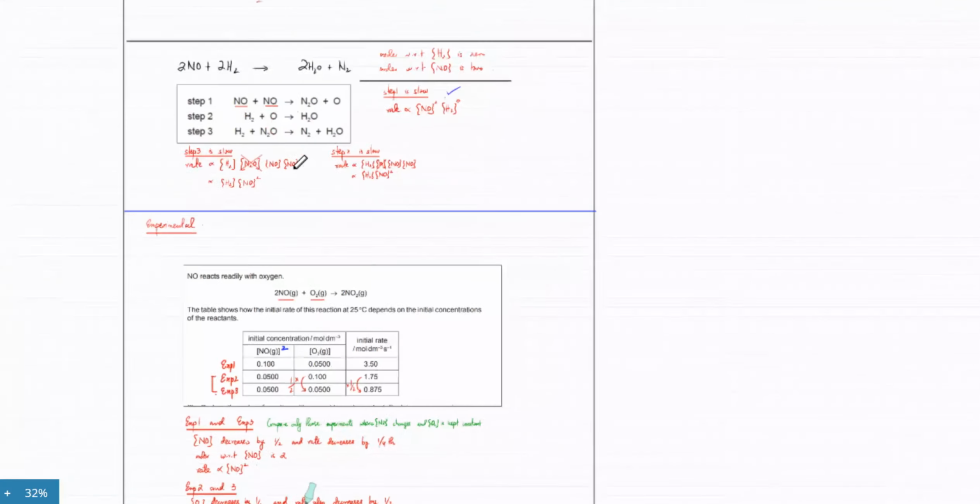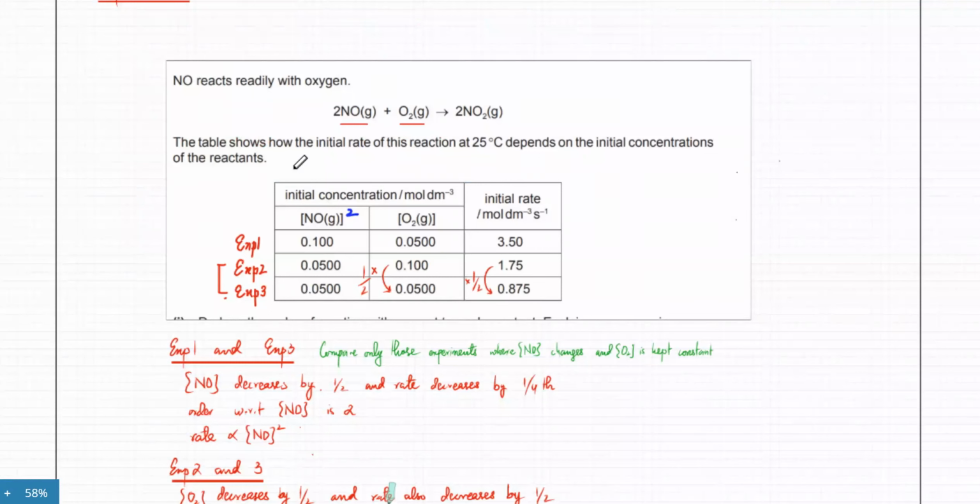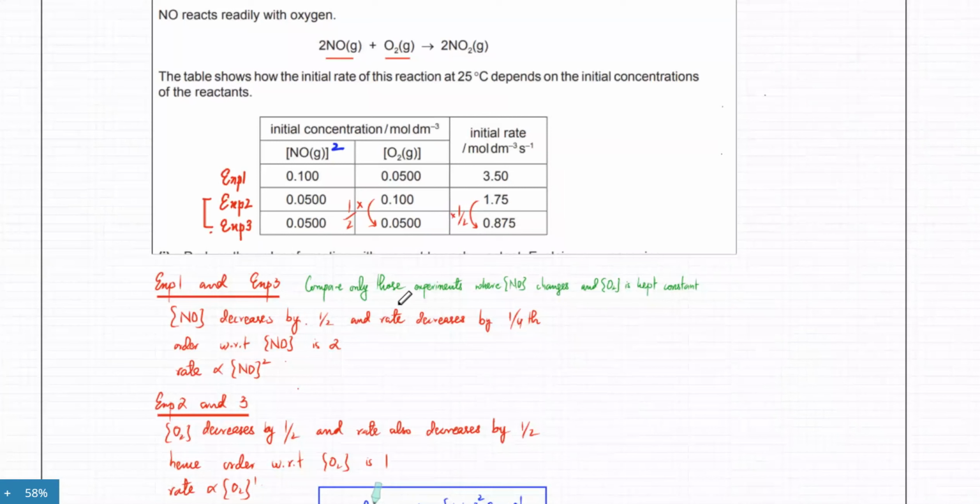And in the last class, we talked about the third method, which was the experimental method. If you want to figure out whether the rate is 0 order, 1 order, or 2 order, you do different experiments, alter one of the variables, and figure out how the rate is affected. For example, if you compare experiments 1 with 3, NO's concentration is halved. It goes from 0.1 to 0.05. The rate over here becomes 1/4.